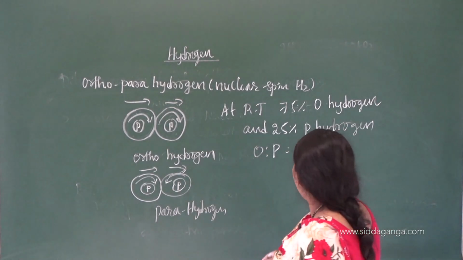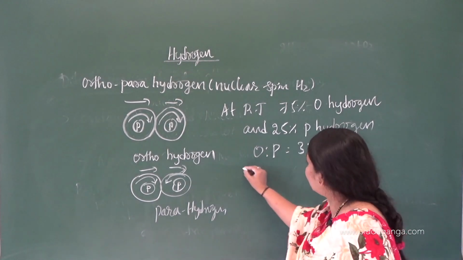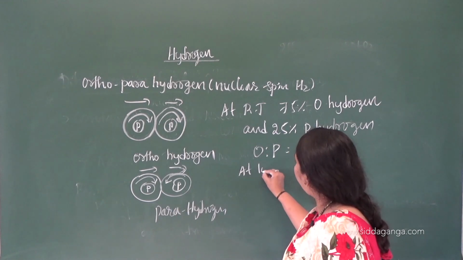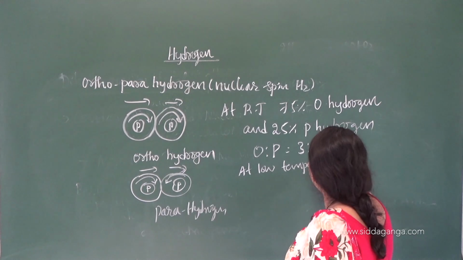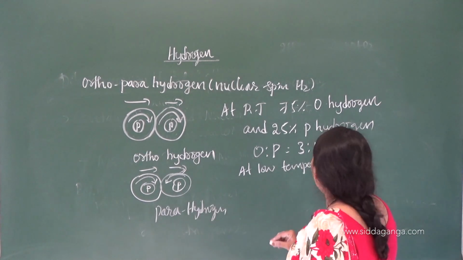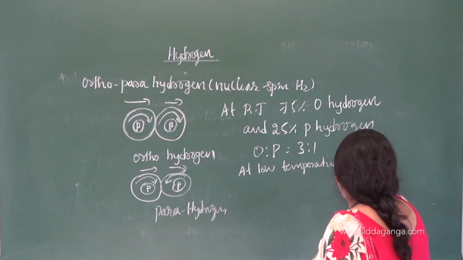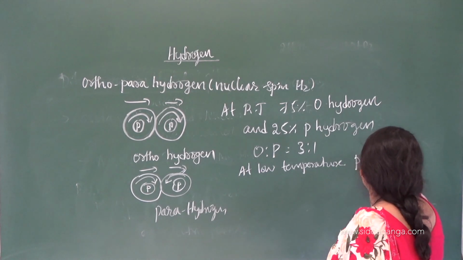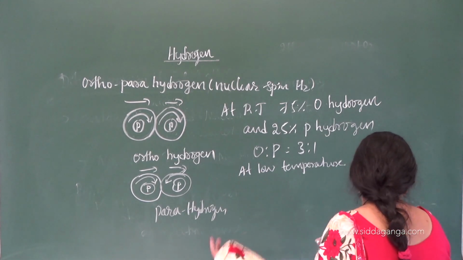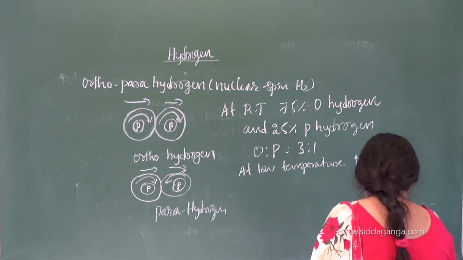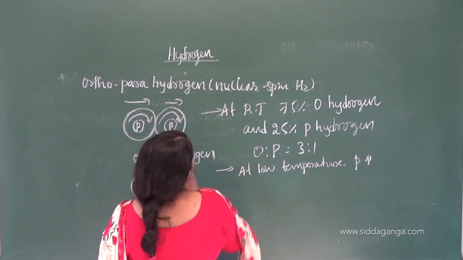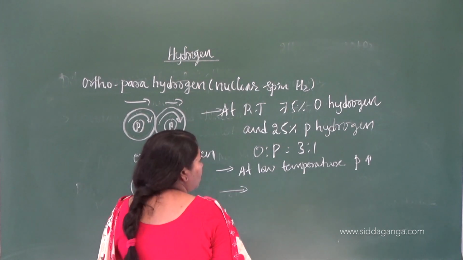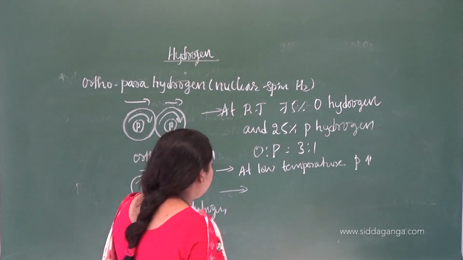But as the temperature decreases, that is at low temperature, say 0 Kelvin, para-hydrogen increases. The percentage of para-hydrogen increases at low temperature, and ortho is more prevalent at room temperature.